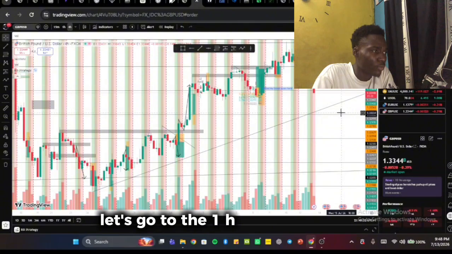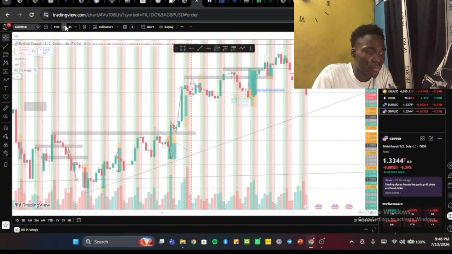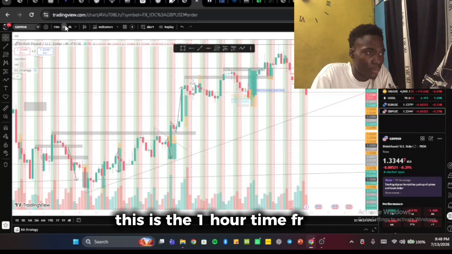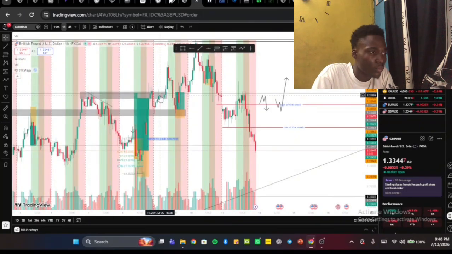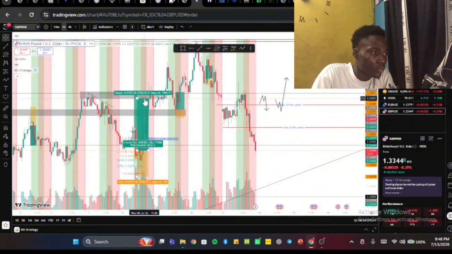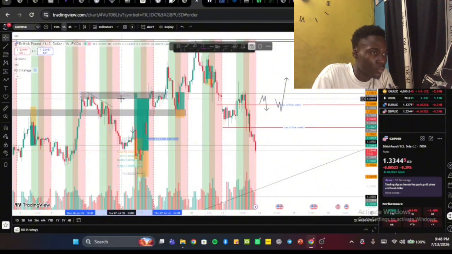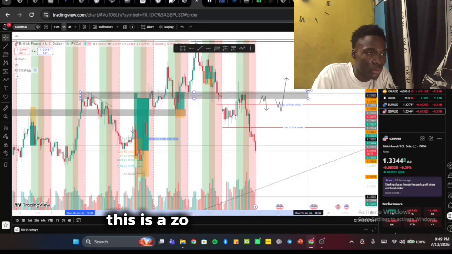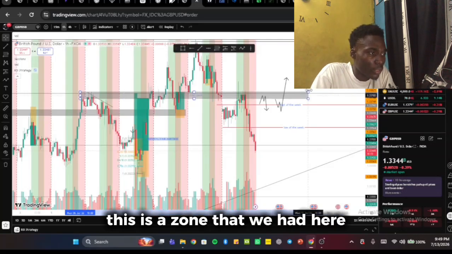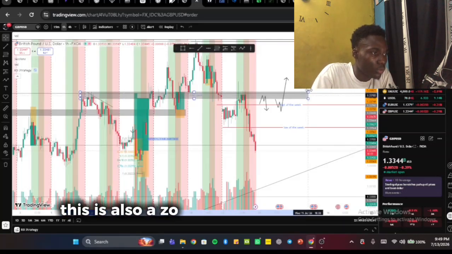Let's go to the 1 hour time frame. This is the 1 hour time frame. This is a zone that we had here. There is also a zone.